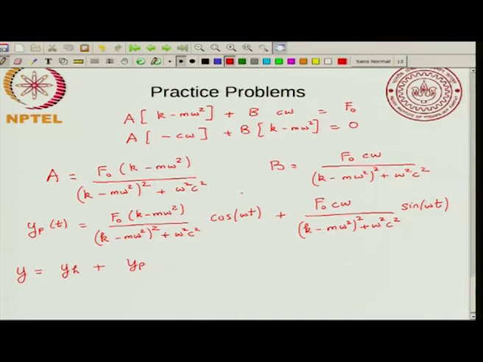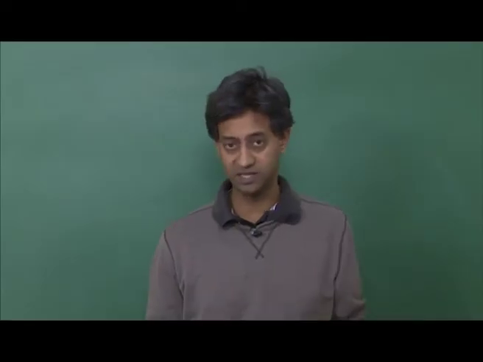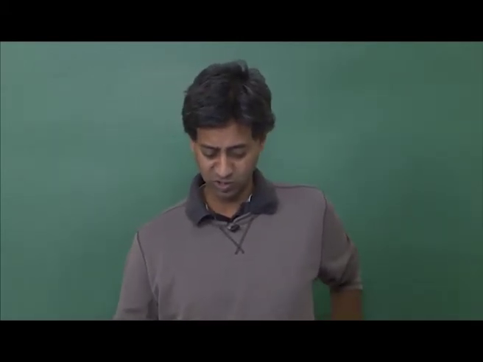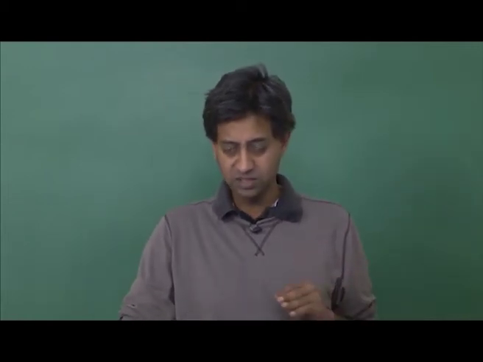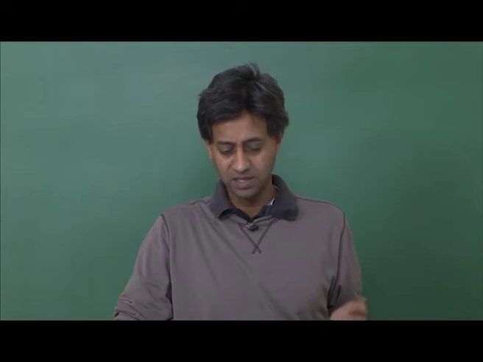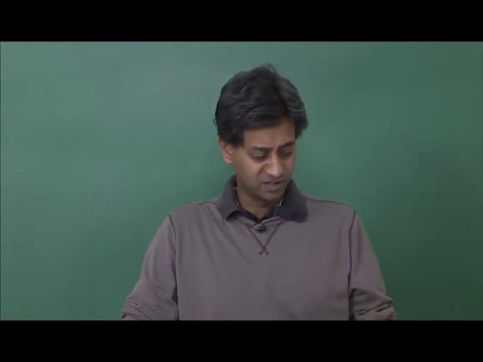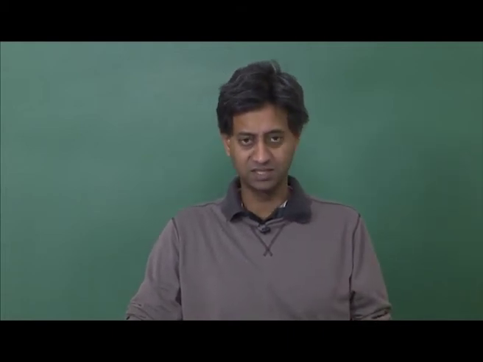That is the condition of resonance. I will leave it as an exercise to look at various cases of this solution. With this we conclude the discussion on second order homogeneous and non-homogeneous equations.